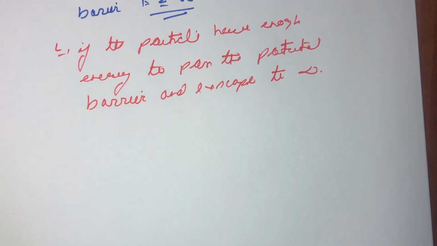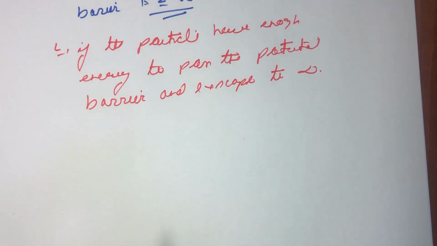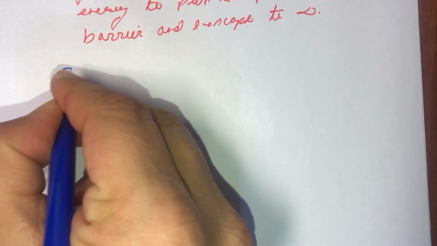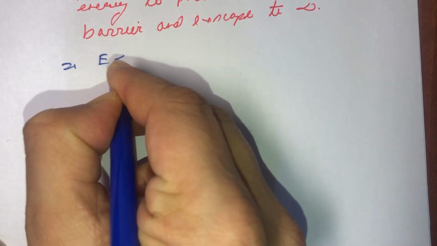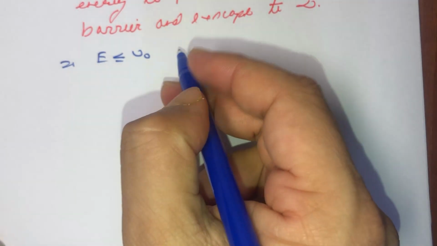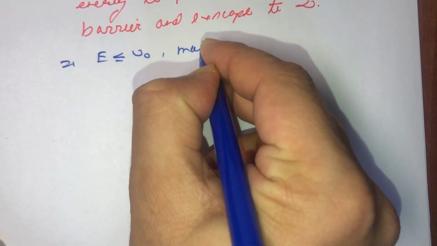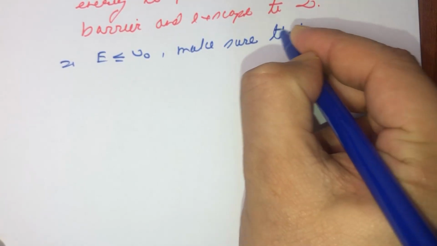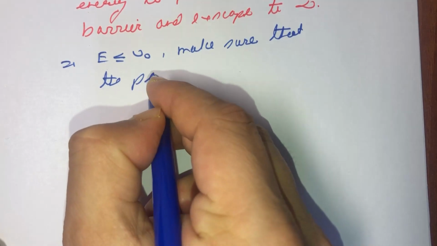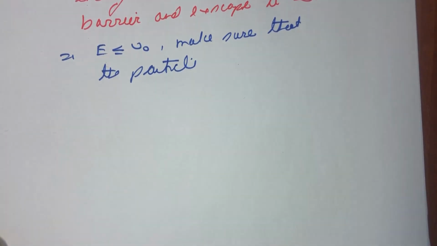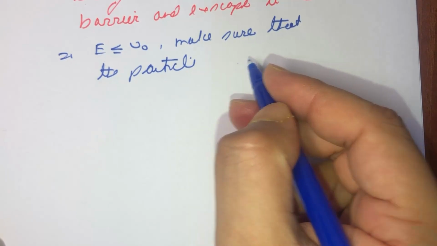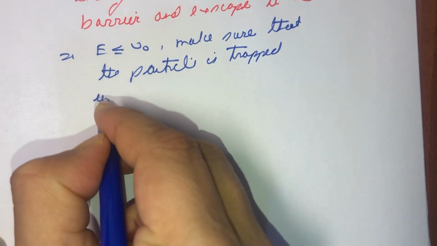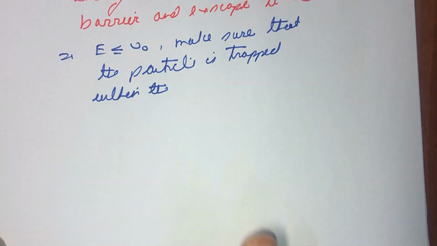So the relationship E less than or equal to V naught makes sure that the particle is trapped within the bounded region.